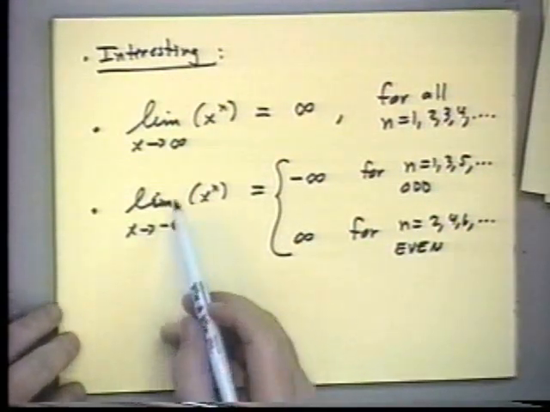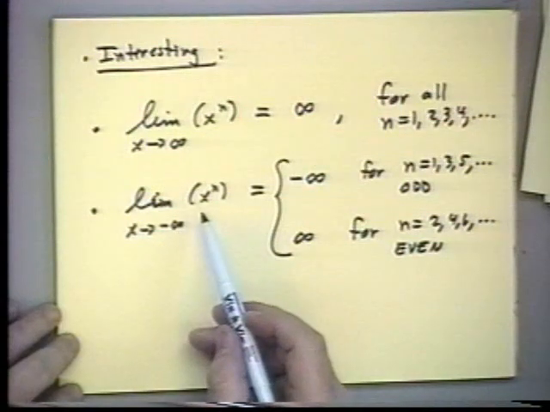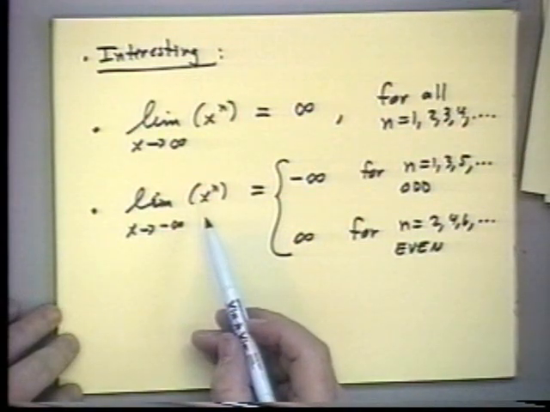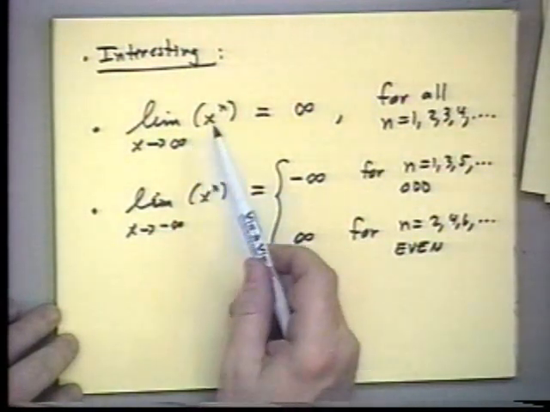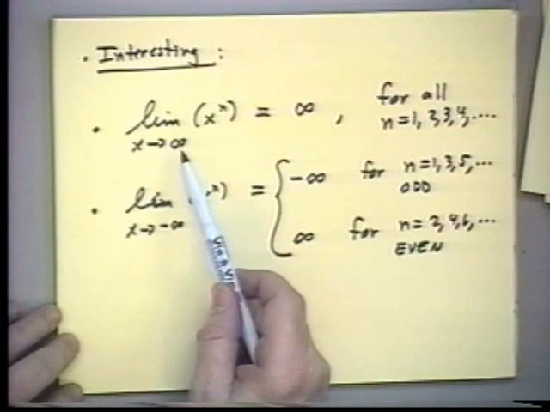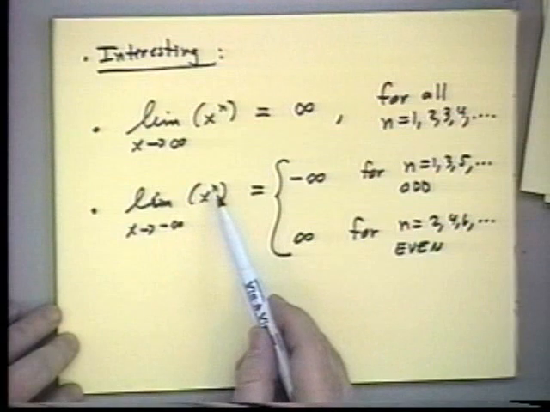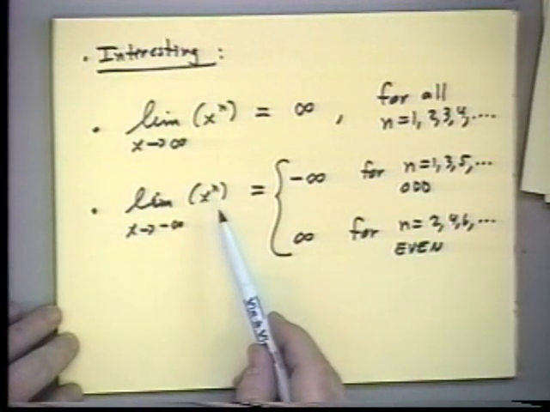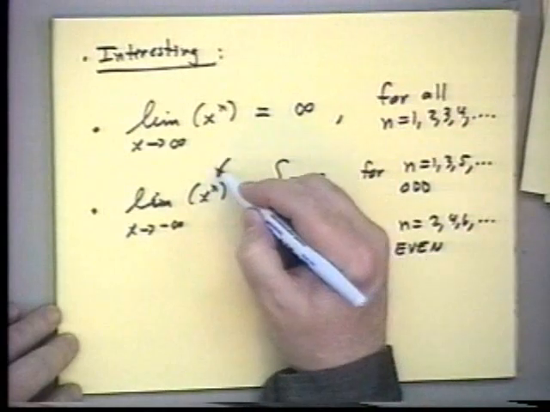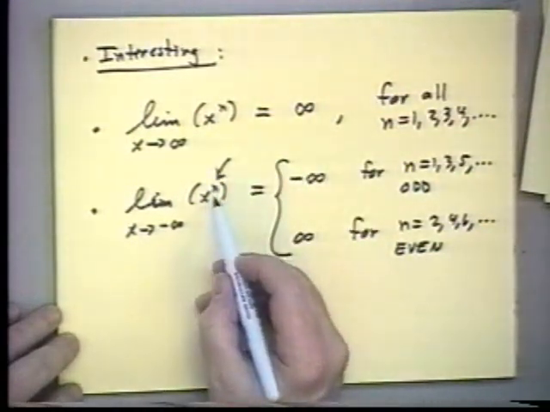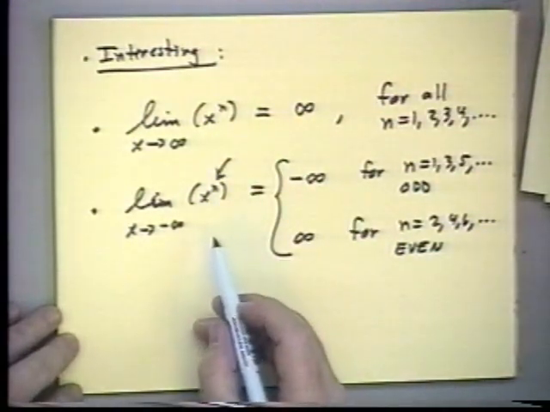So when x goes to one of the two infinities, x to the n does go to an infinity. But if x is approaching positive infinity, it'll go to positive infinity. If x is going to negative infinity, it oscillates back and forth depending on what form the n takes, if the n is odd or even.